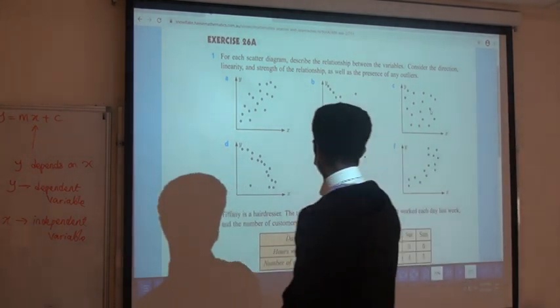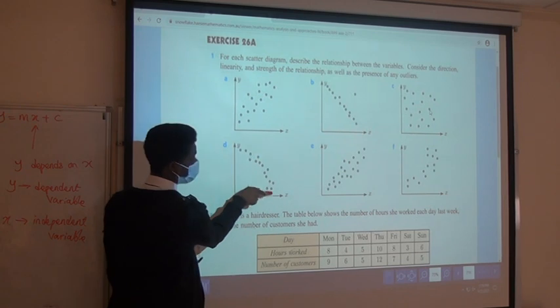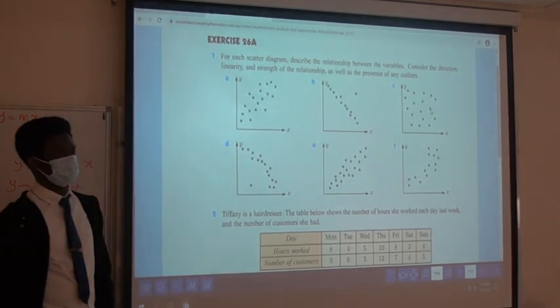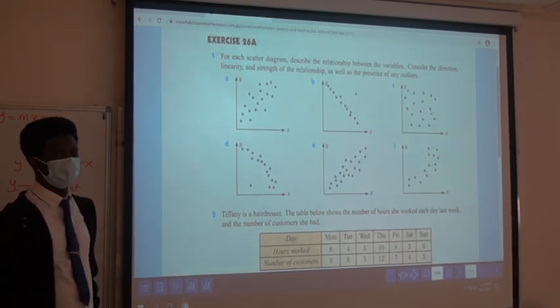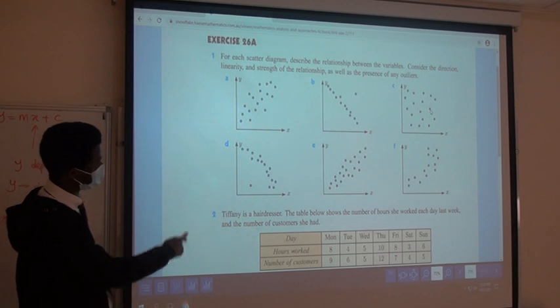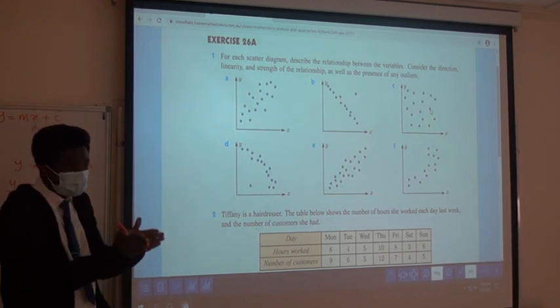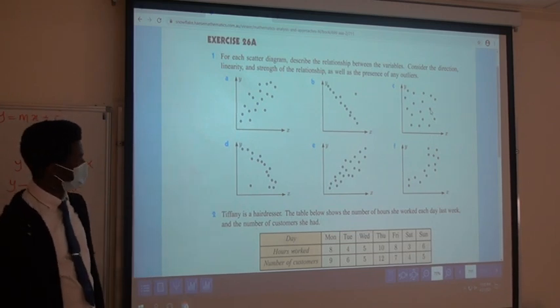No, it's not linear. It looks like a curve. So that's not linear, it's non-linear. Okay, non-linear negative correlation with an outlier. Strong, and it is strong because they are all clustered along the path. Right? Ryan, want to try E?